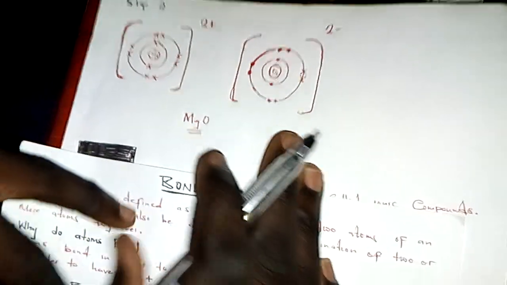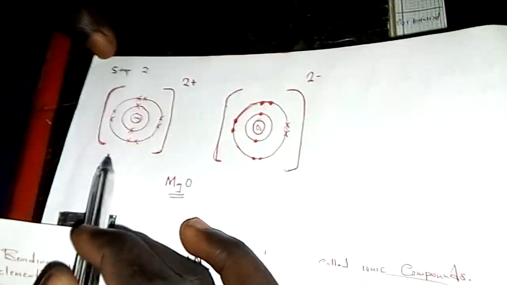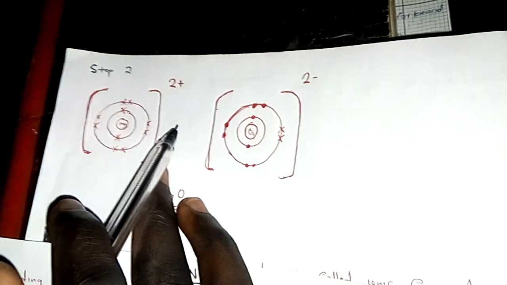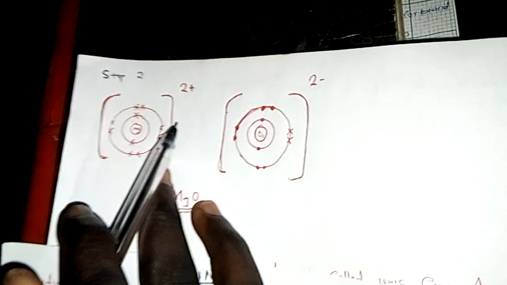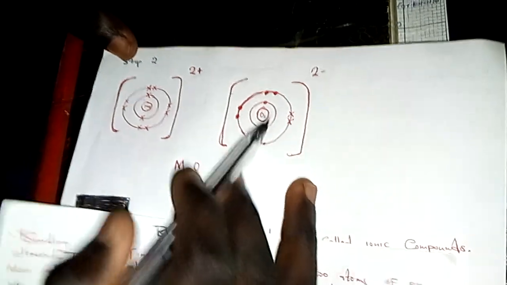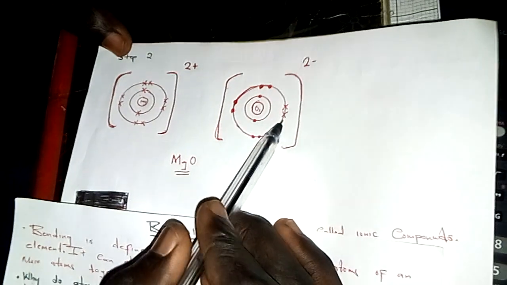So the last step. Magnesium has lost 2 electrons, so we won't draw the outermost shell because there are 0 electrons there, and the 2 electrons which have been lost have been transferred to oxygen.